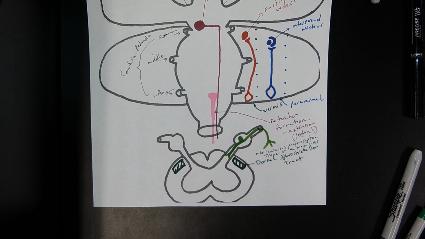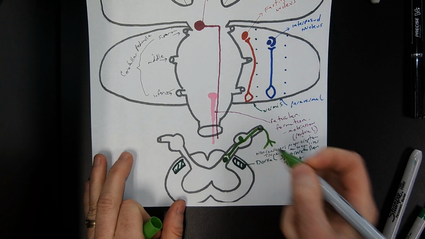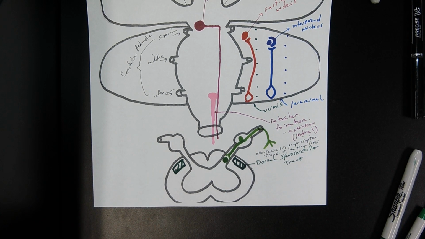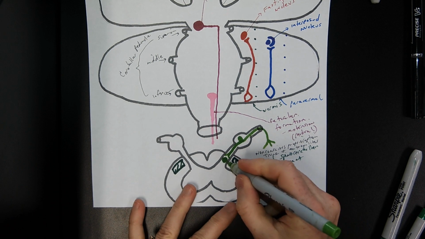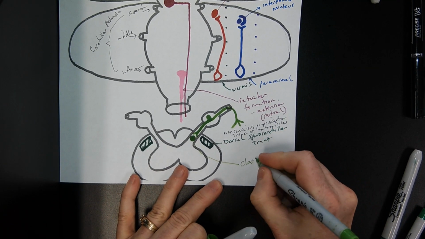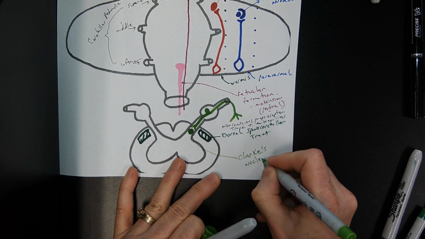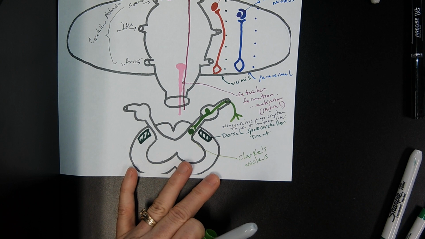You see, draw it in there. So here's my nucleus, and I'm synapsing in. For the dorsal, I synapse on Clark's nucleus. C-L-A-R-K-E-apostrophe-S nucleus. That's Clark's nucleus.